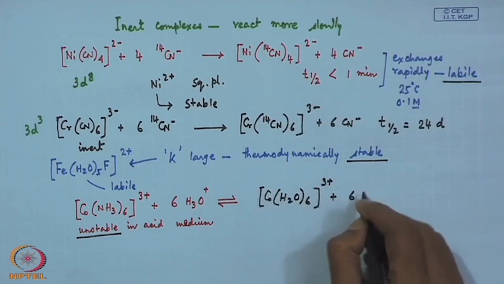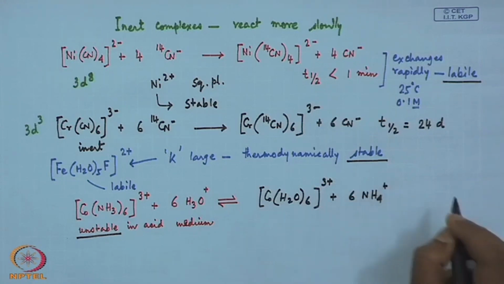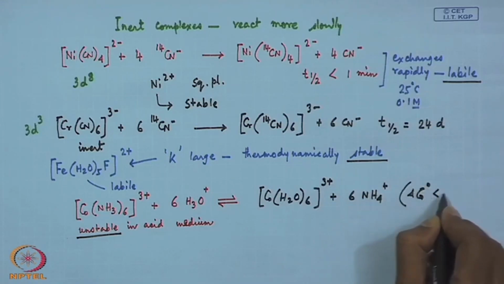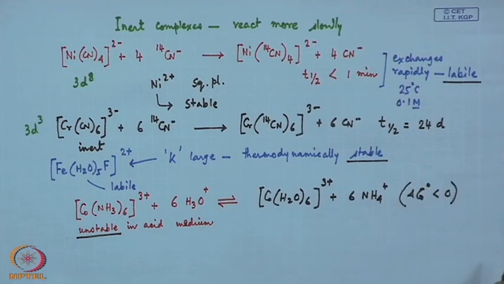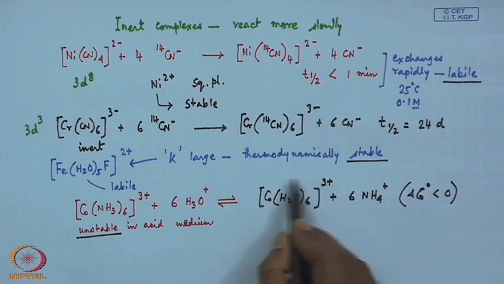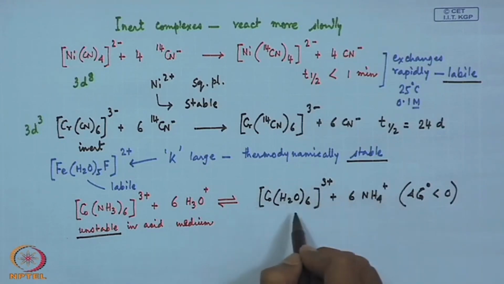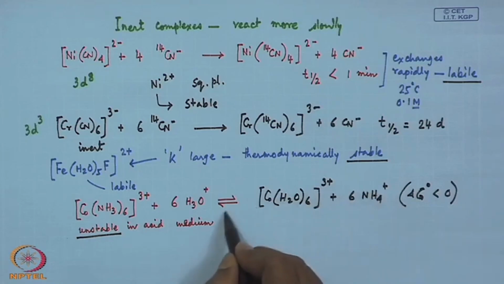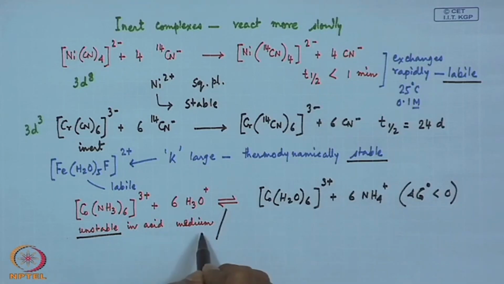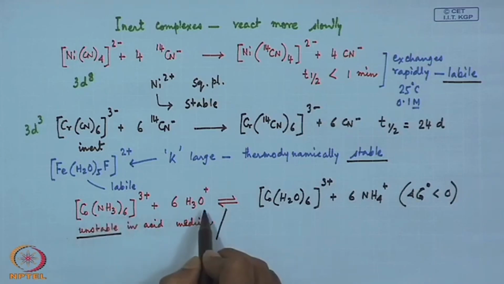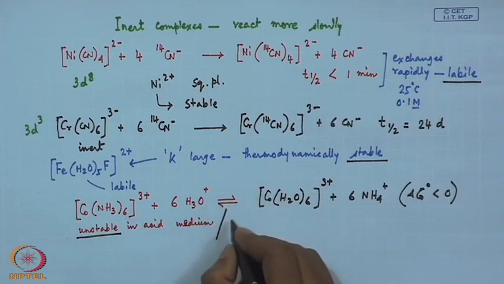with 6 ammonium ions, and delta G0 is negative, that means it is spontaneous also. So the formation of the hexa-aqua compound can slowly take place, but it is unstable in acid medium, which gives us the idea that it will decompose slowly with the acid, but the reaction is very slow.